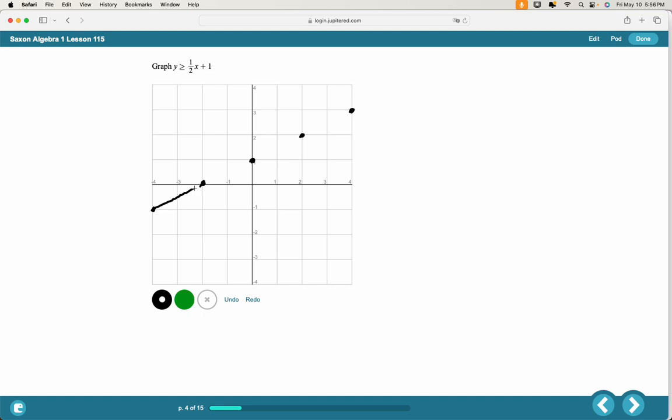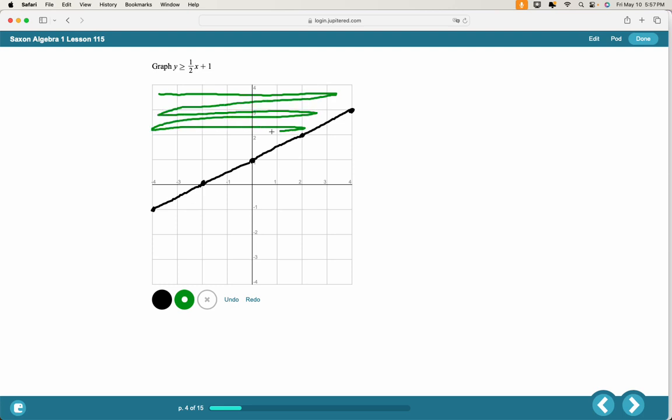And I'm going to just connect the dots. That helps me draw my line better when I just connect the dots. Okay, so there's my line. It's a solid line because of the equal sign, but now it says y is greater than. So that means I need the points above. I need the bigger numbers on the y-axis. So that's going to be all of these points up here. And that's how you would graph that.